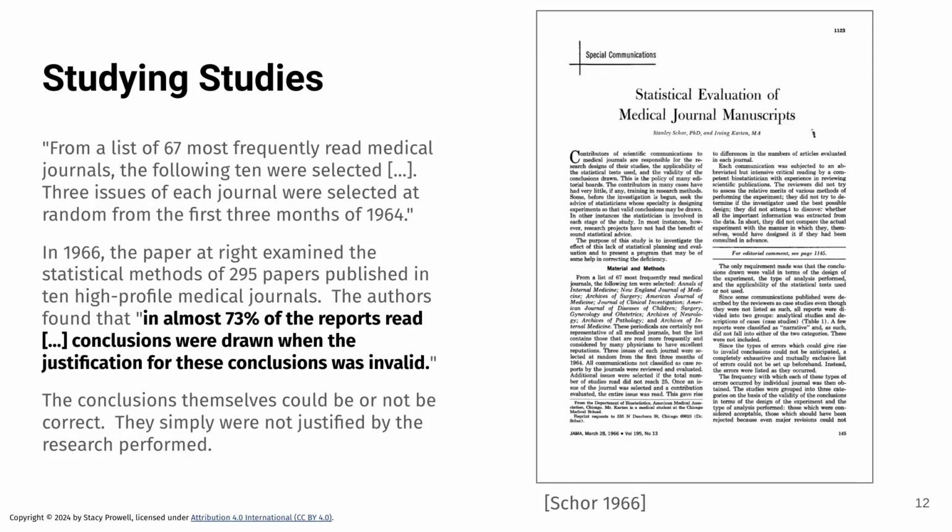and in particular when people would look at publications and try to replicate the results. So going all the way back to 1966, we find this paper by Stanley Shore and Irving Carton. And what they did was they went and found a list of the most frequently read medical journals, and they picked 10 of those.